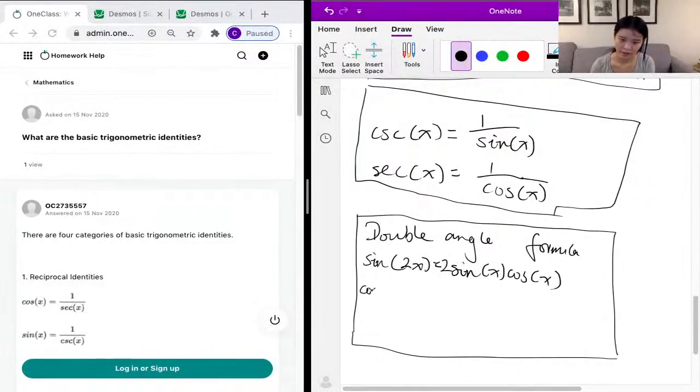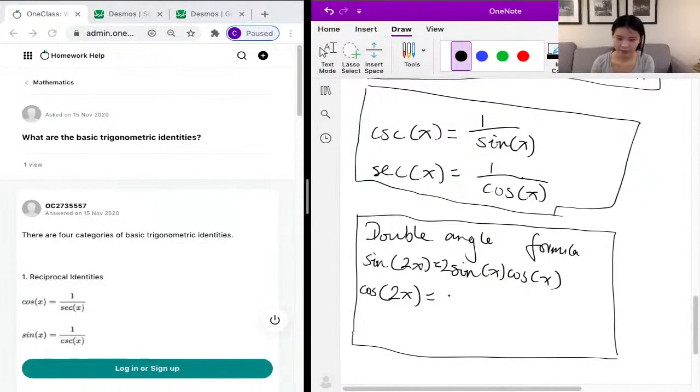And there's also the cosine of 2x. This basically helps you use sine of x and cos of x to find the sine of 2x. So when the size of your angle is doubled, how do you find those values using existing angles?